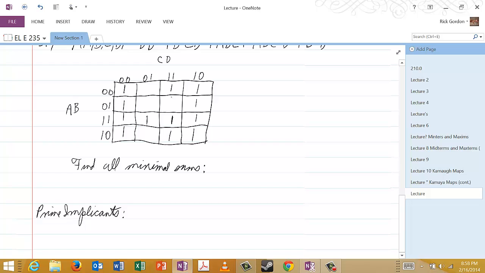Do we have anything else? And the answer is yes, we do. Keep in mind that the right and left edges of the Karnaugh map are connected, and so we have a grouping of 8 cells. It's those 4 with these 4. That is a rectangular grouping of 8 1 cells.